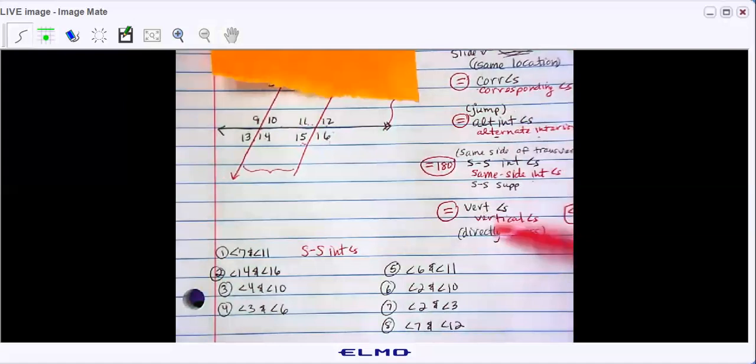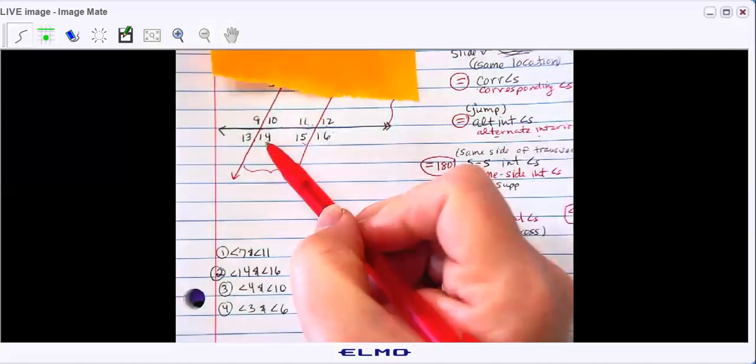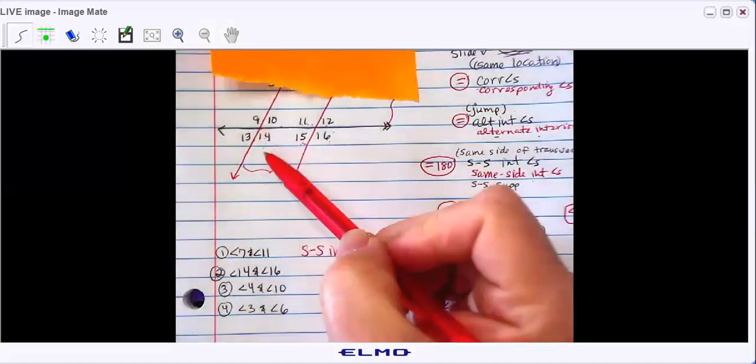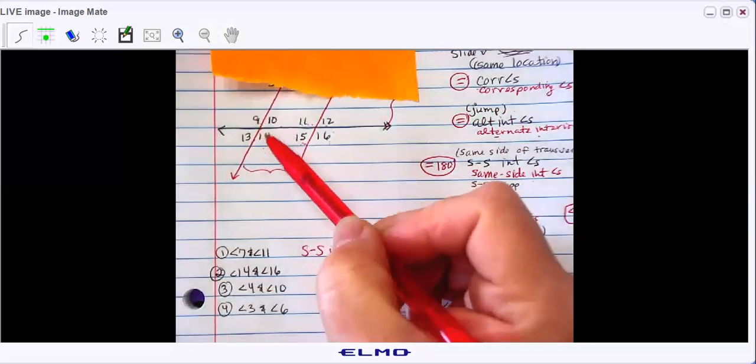So looking at 14, is 16 right across from 14? The one right across from 14 would be 9. Okay, so 9 would be my vertical angle.